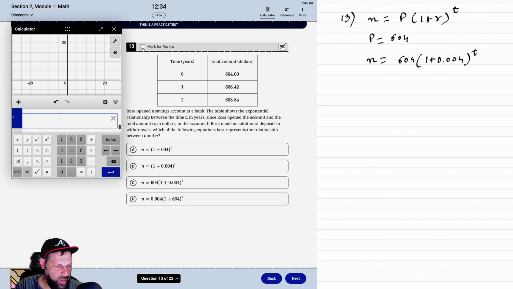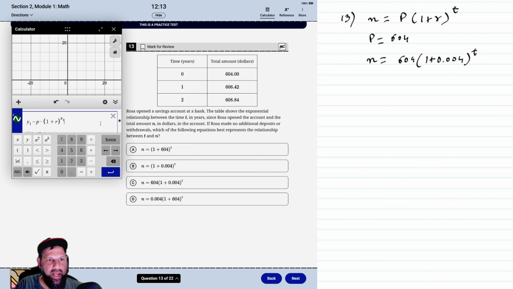In the second line, what we're going to do is we're going to say y1, since it's an exponential equation, is going to be equal to P times 1 plus r to the power x1. X1, you got to remember, is the same as t.